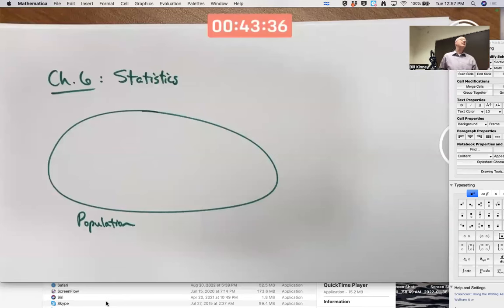And you want to know something about the population. Maybe just students here at Bethel University. I might wonder, what's the average height of every student here at Bethel? So my population would be to study all students at Bethel and figure out the average height.